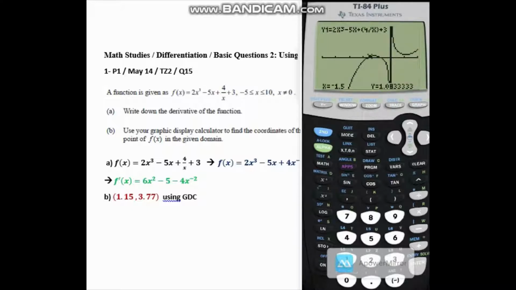So this is the graph of my function, and I'm required to find the local minimum point, which is right there.